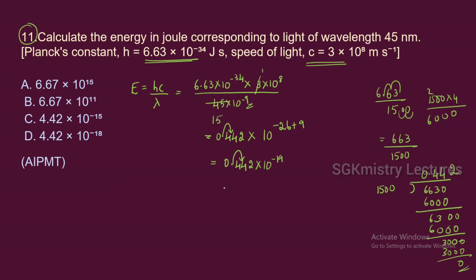Now if I shift the point here, I get 4.42 into 10 to the power of -18, right? So look at the options. Here clearly we have the answer, that is option D, 4.42 into 10 to the power of -18 joules. Since we are talking about energy, it will be joules, right?